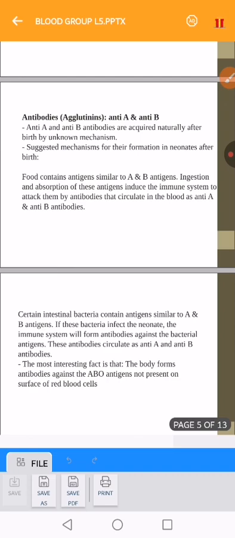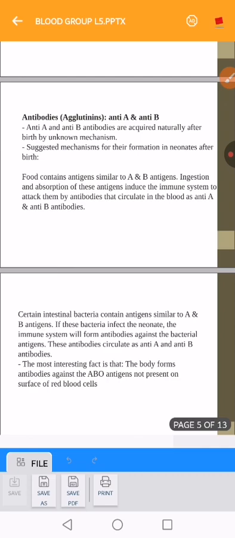The most interesting fact is that the body forms antibody against the ABO antigen not present on the surface of the RBCs. For example, if someone is blood group B, the body cannot produce antibody against that B antigen, because the antibody would attack the RBCs.